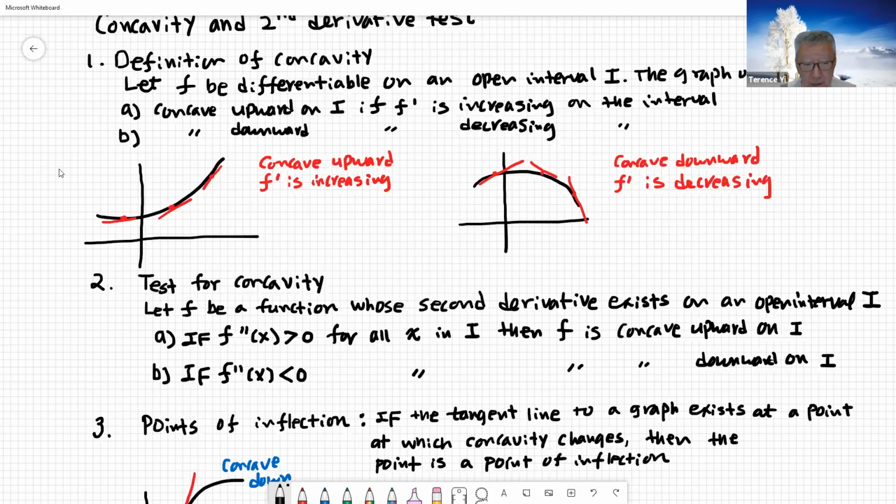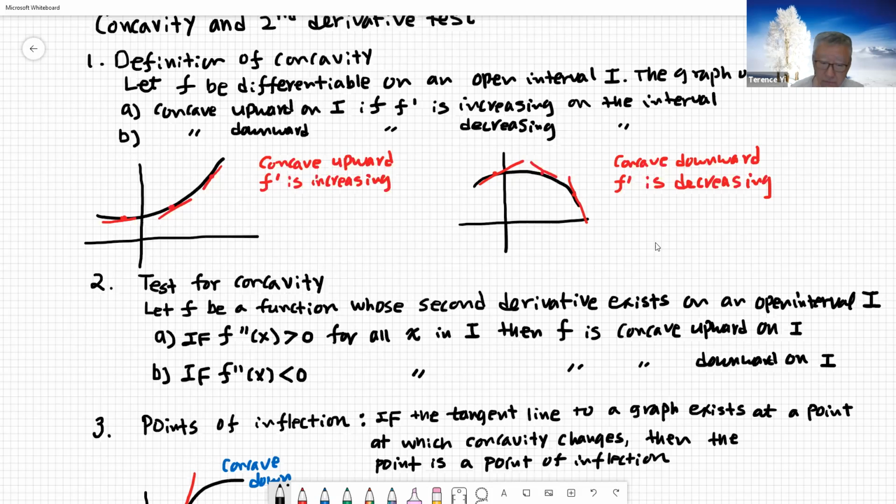Let f be differentiable on an open interval. The graph of f is concave up if f prime is increasing on the interval, and concave downward if f prime is decreasing.